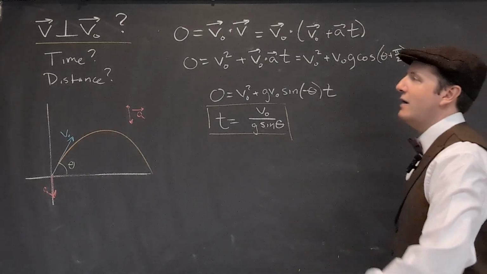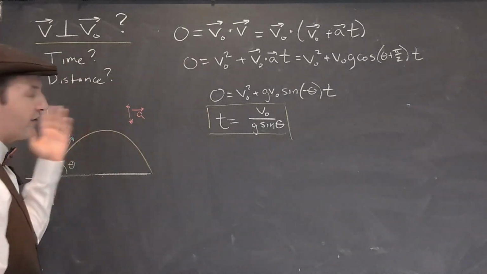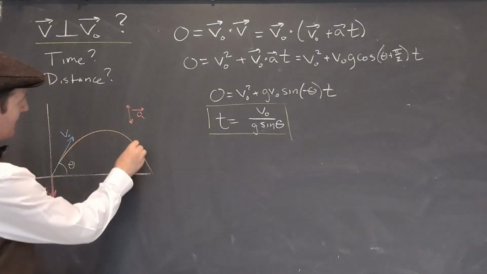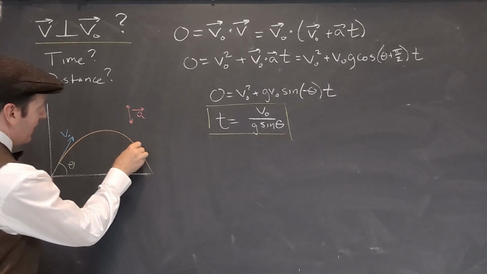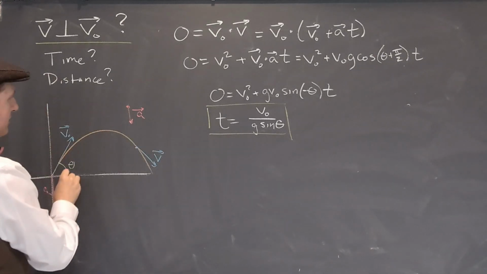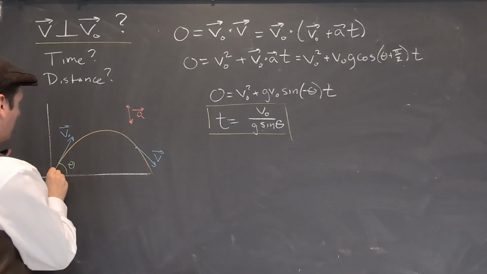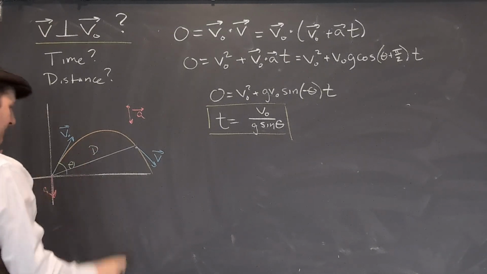Okay, using this time, I now want to find how far from the origin my projectile is at this time. So let's see, maybe we're over here somewhere. We can see that our velocity vector here is orthogonal. I tried to make those look kind of perpendicular. And now I want to know what's this distance. Maybe I'll call it d.